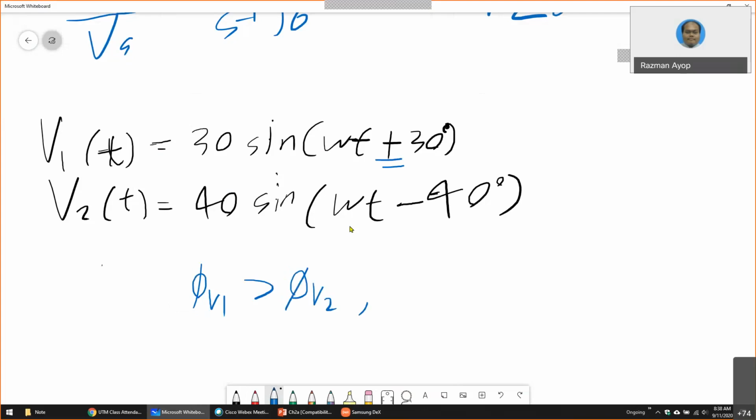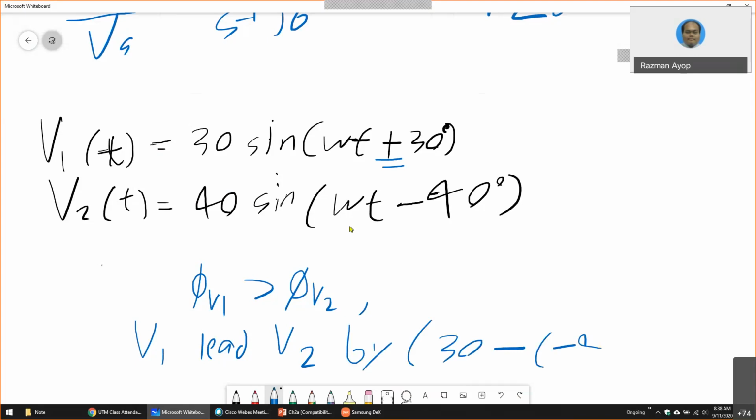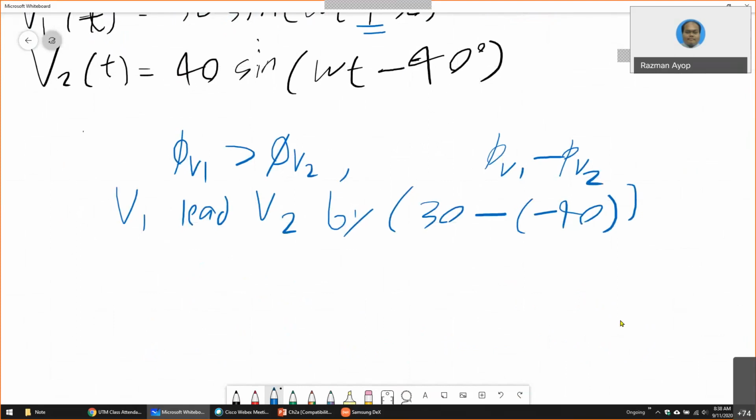So that means V1 leads V2 by 30 minus negative 40, so angle V1 minus angle V2. And the answer needs to always be positive. So basically V1 leads V2 by 70 degrees.